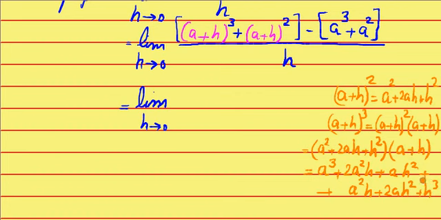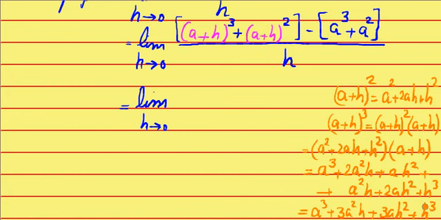So we are adding this expression to all of that. What's the net total? Well, I have a cubed, 3a squared h, 3ah squared and h cubed.